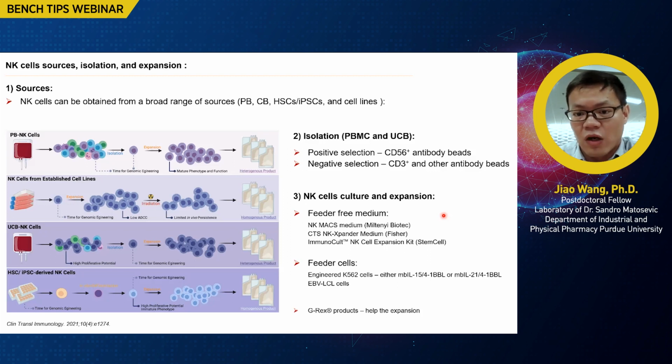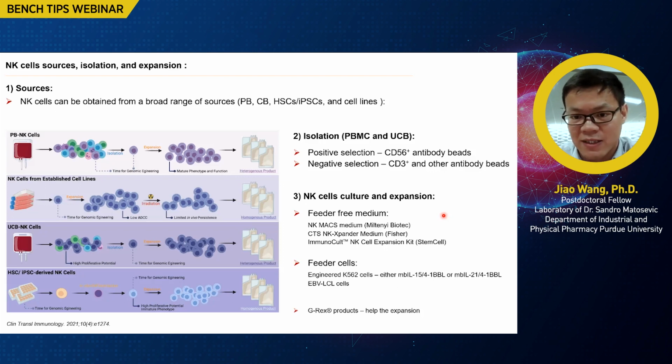So we commonly, in the lab or clinic, isolate these NK cells from peripheral blood or cord blood by either positive selection or negative selection. Basically, these selection kits are widely available from different companies.